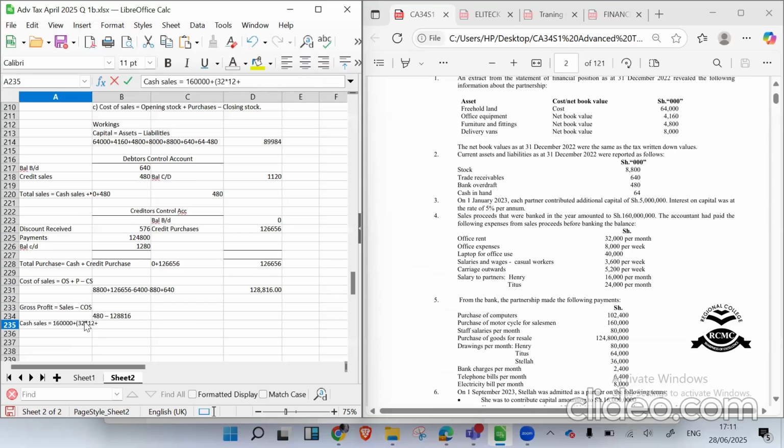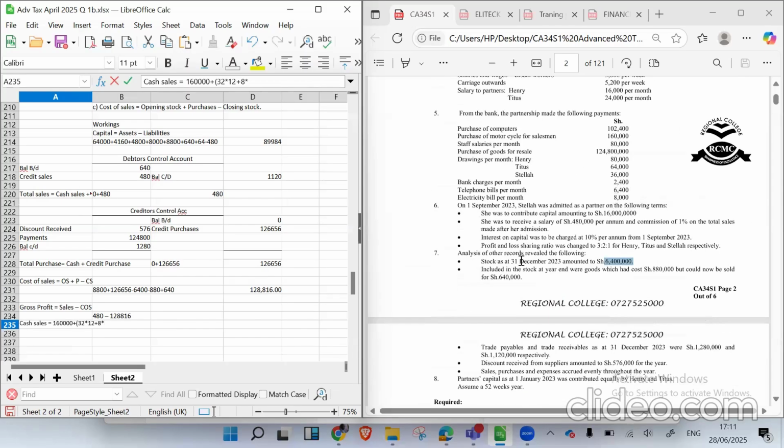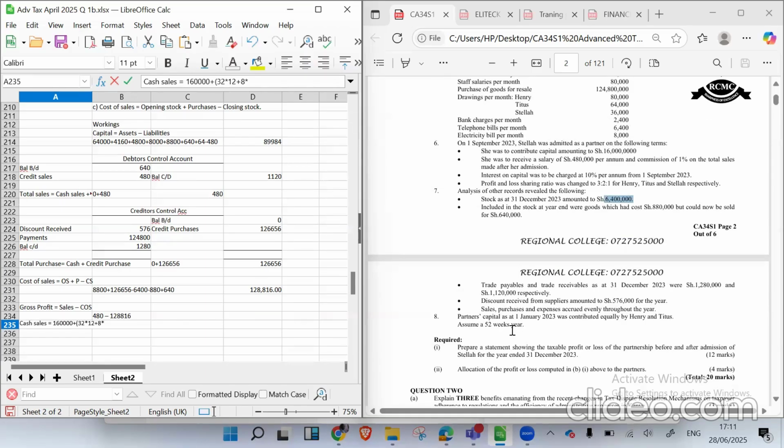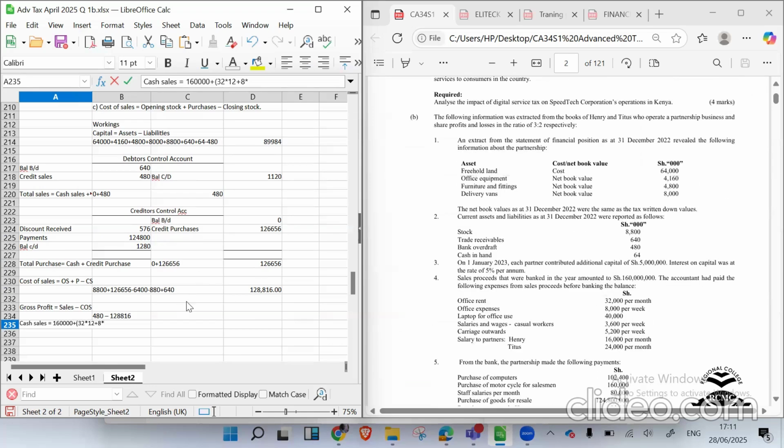Yes. Plus office expenses weekly, that is 8. We assume a year has 52 weeks. 32. Yeah. Like this. 52, right?